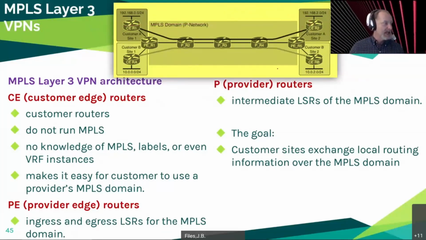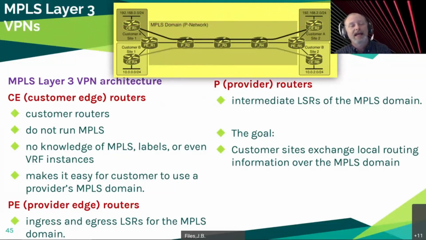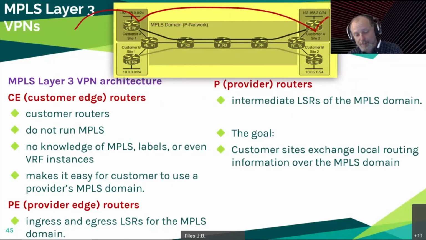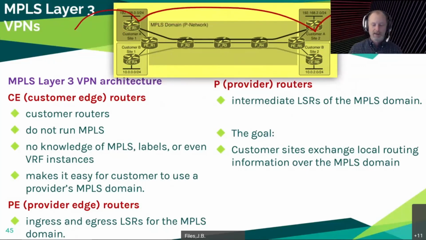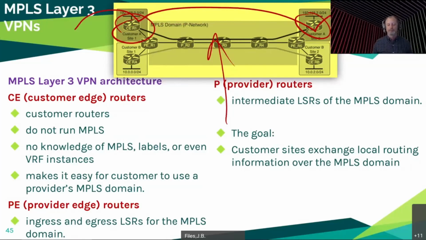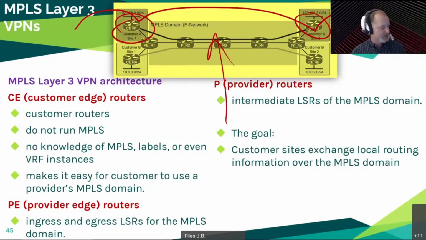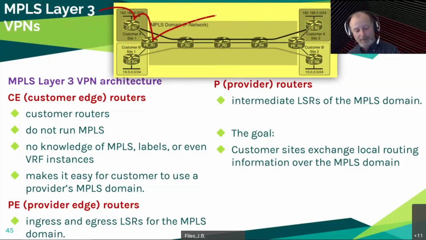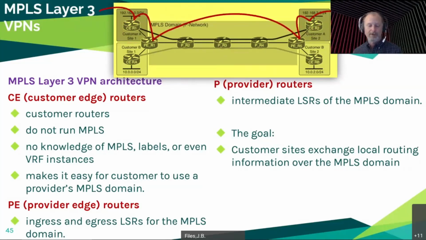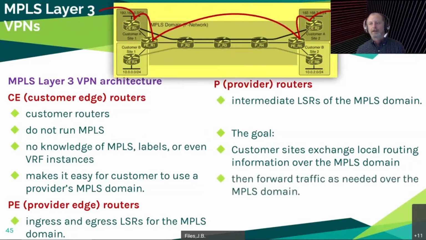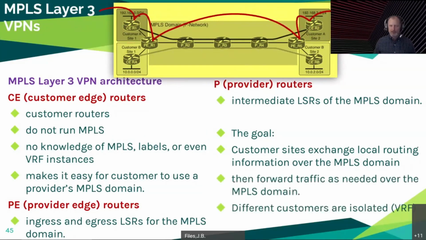Right? If you were to do a traceroute, it would look like one hop across the MPLS domain. All right. And of course, the different customers are isolated.